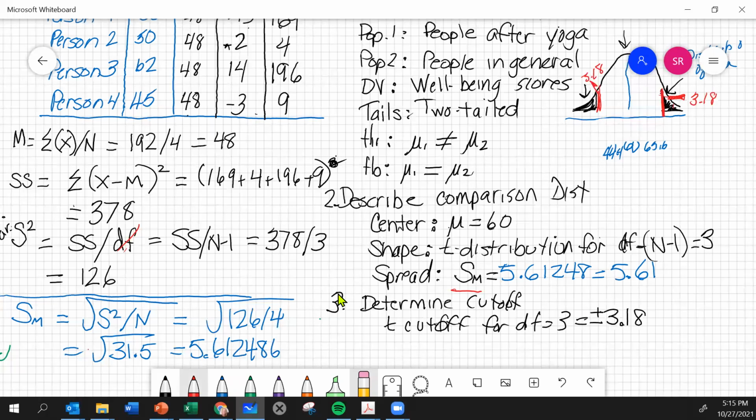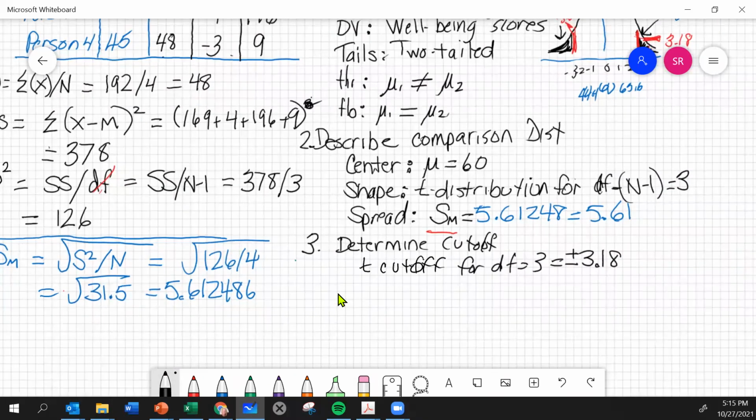But let me see if I can fill those in a little better. We would have 0, 1, 2, 3, like that, and -1, -2, -3, even that isn't quite far enough. That's okay. I drew it a little small because of the size of my screen here. So we have the cutoff point determined.